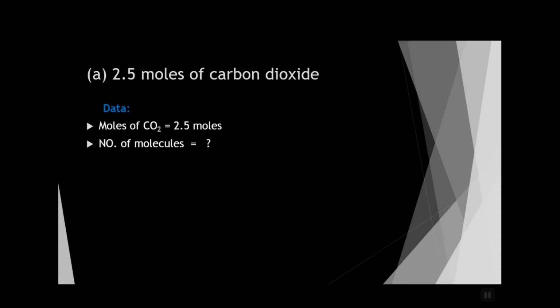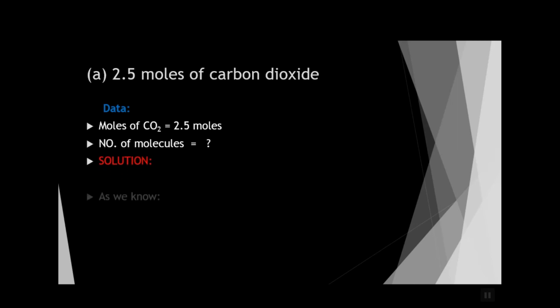Now let's start. A, 2.5 moles of carbon dioxide. Yes students, we have moles of carbon dioxide, that are 2.5, and we have to find the number of molecules. So it is a mole-particle relation. First we make the data: moles of carbon dioxide is equal to 2.5 moles, and number of molecules we don't know.